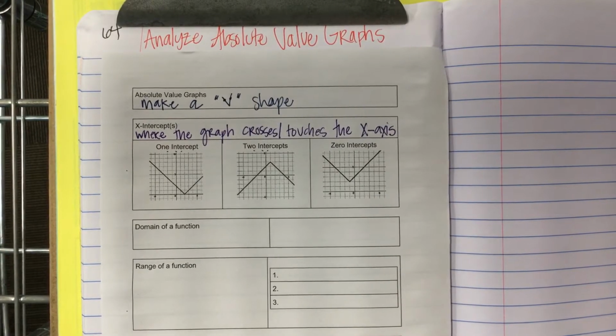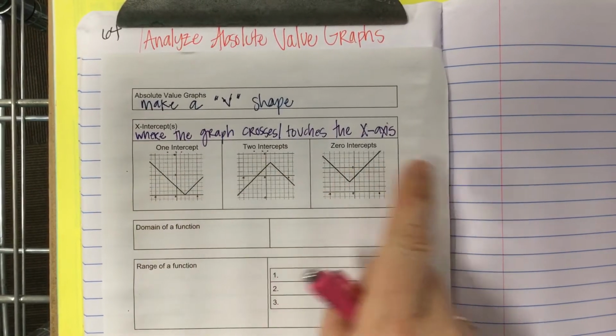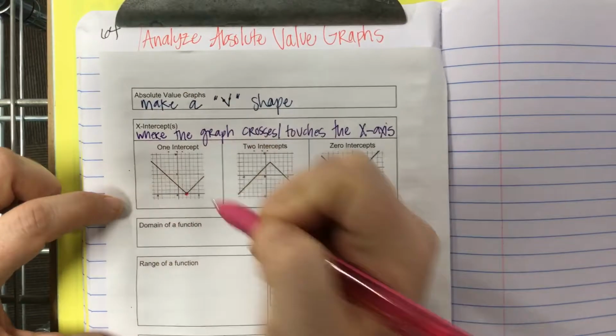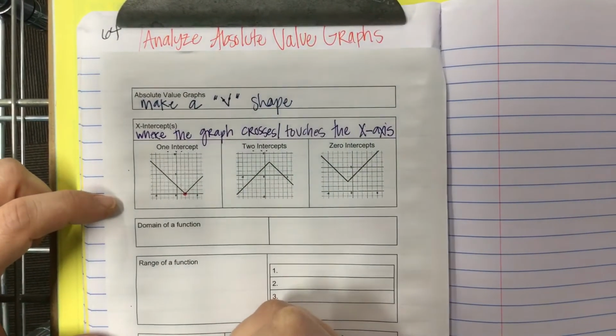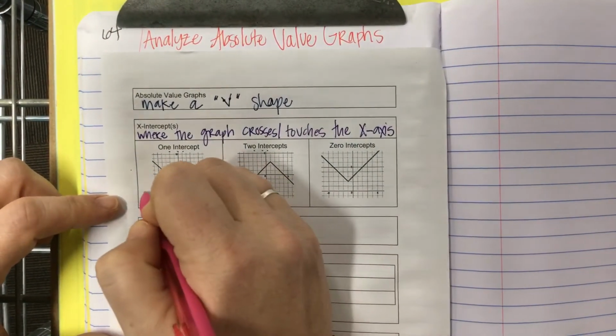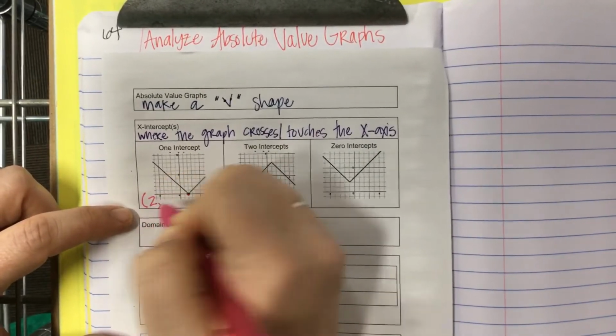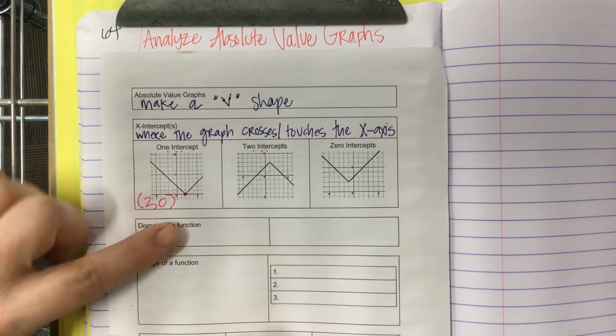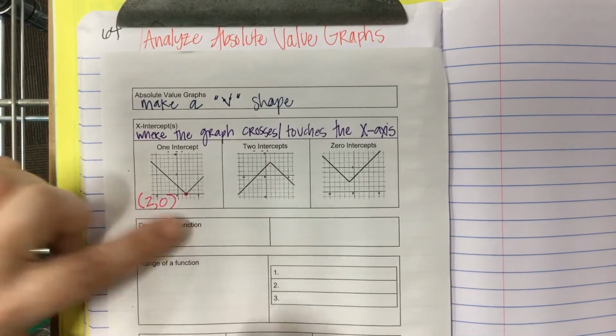So when we look at these three examples, right, we have one intercept, which would be 2, 0. Our x value is 2. So our x-intercept is 2, 0.